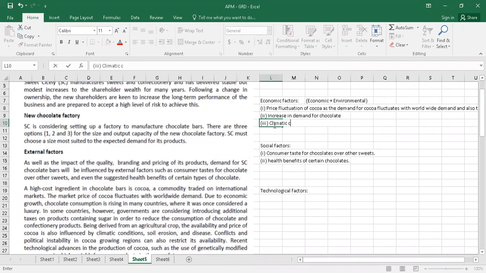Climatic conditions, soil erosion, and diseases.